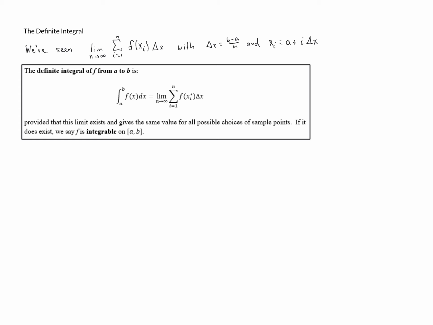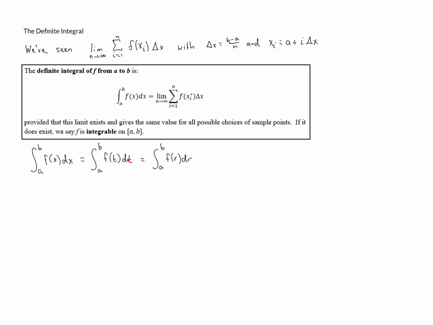And so the answer here is going to be a number, so it doesn't actually depend on the variable we use. In fact, we could use any other variable. If we have the integral from a to b of f of x dx, this is actually the same as the integral from a to b of f of t dt, or the integral from a to b of f of r dr. So we could be looking at our integral with respect to x.